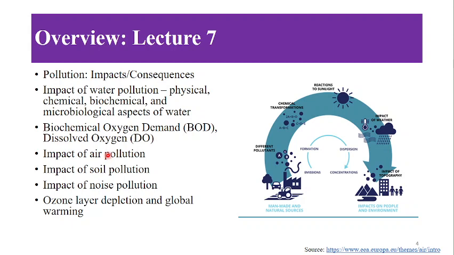The impact of air pollution on the human species and the other species is such that, for example, carbon monoxide. Carbon monoxide, as we know, is a harmful gas as it mixes with our blood and reduces the tendency of oxygen being circulated in our body.